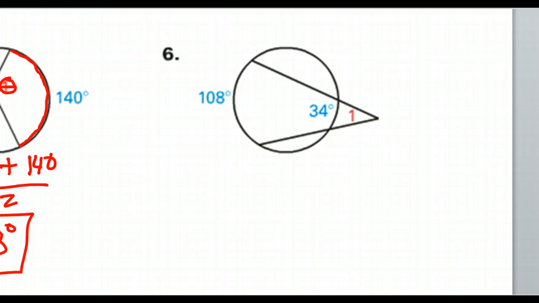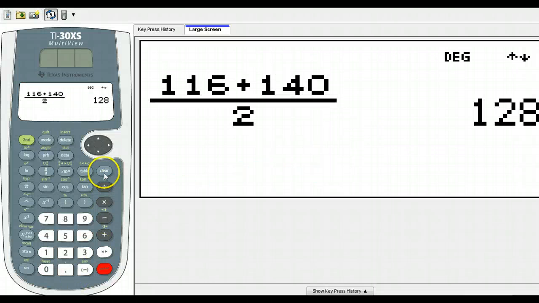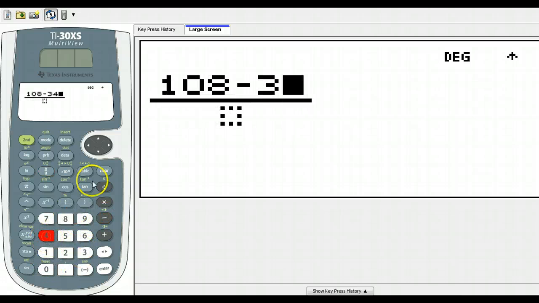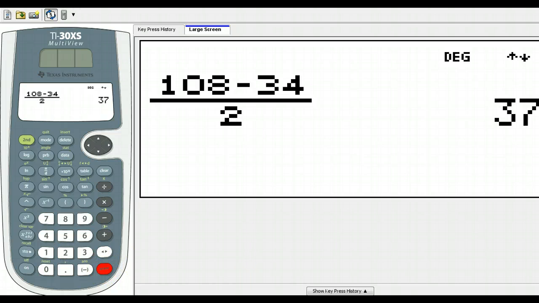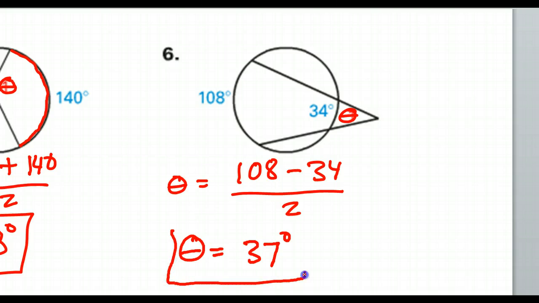So the angle, and again, I always use theta when it's a variable, is going to equal the big arc minus the small arc divided by 2. So that's 37. Pretty straightforward, if you ask me.